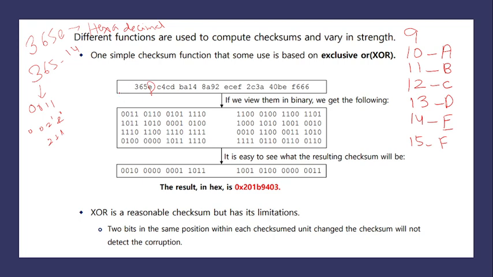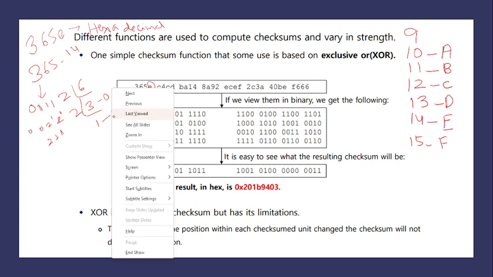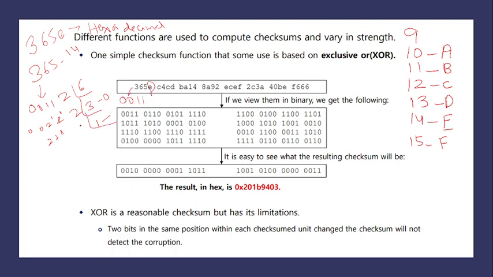So 3 is 0011. Then the 6 value: 6 divided by 2 is 3, remainder 0; 3 divided by 2 is 1, remainder 1; then 0, 1. So the output is 0110. The value is 6.